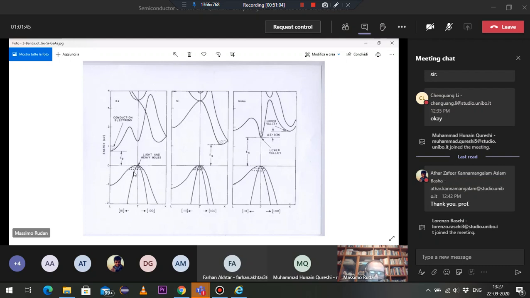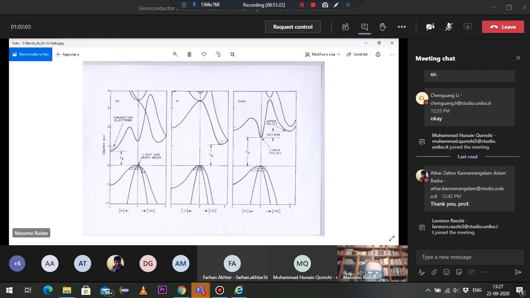And so the particles whose energy belongs to this branch are lighter. Instead, the particles that belong to the other branch are heavier.